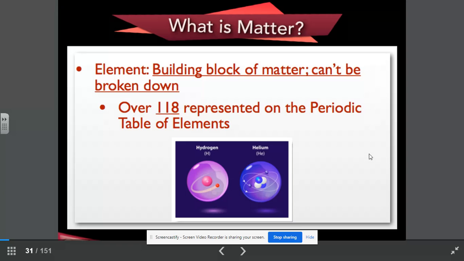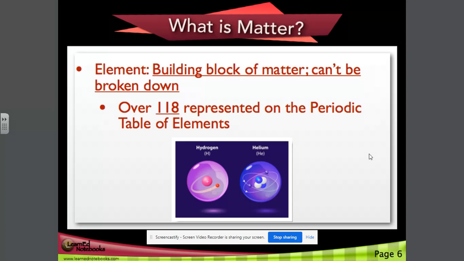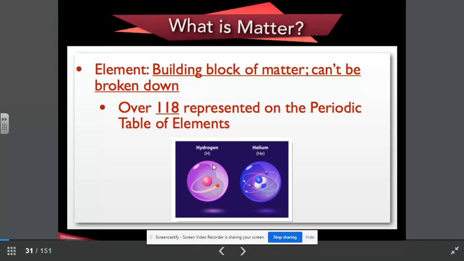Elements. So we'll be talking a lot about the periodic table of elements, but it's important to know what an element is. An element is a building block of matter. It can't be broken down into anything simpler. The periodic table has over 118 elements represented. Here we have, for example, hydrogen, which is the first on the periodic table.